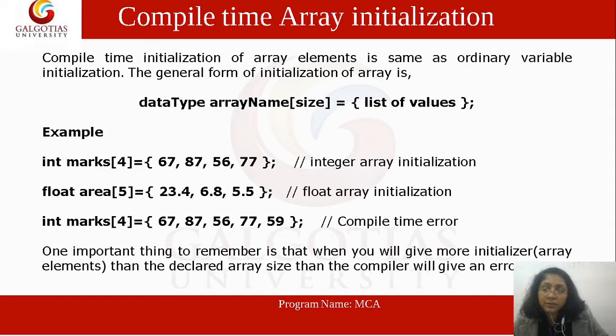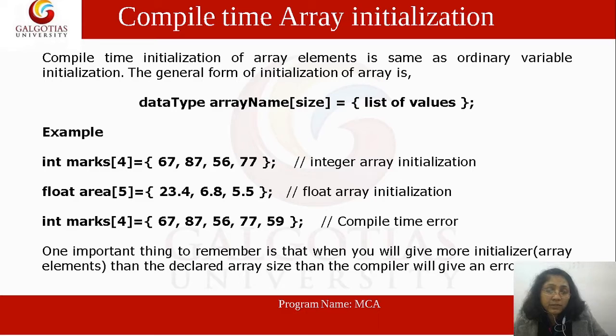Similarly for floating point, suppose I'm taking an array whose name is area, it is of type float, and I'm giving size 5. So I'm initializing with 23.4, 6.8, 5.5. Similarly for another one, I'm giving the size as 4, whereas I'm trying to initialize it with more than 4 elements. Therefore, it will give you a compile time error.